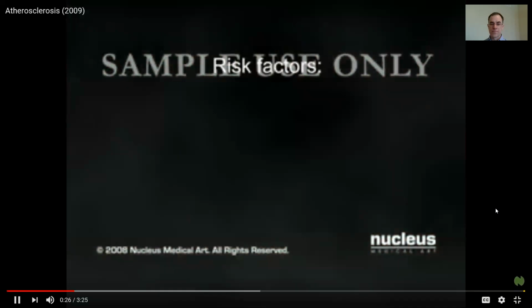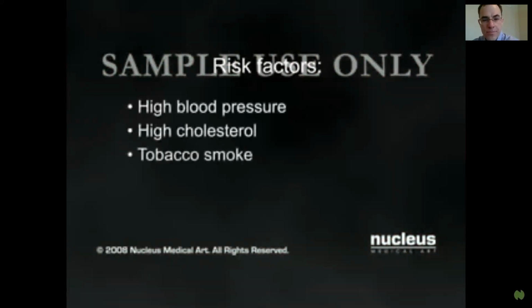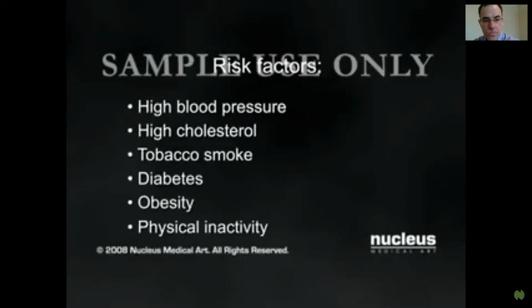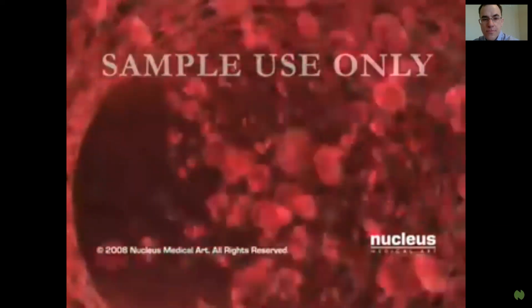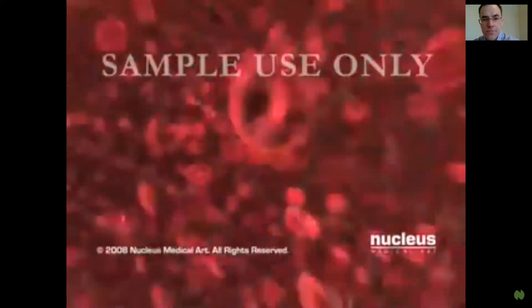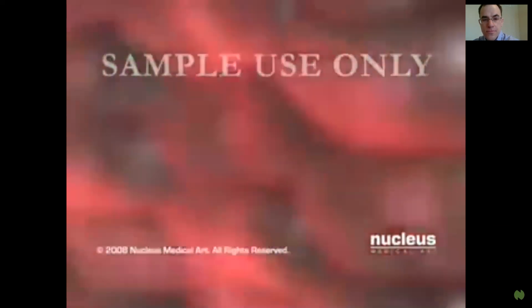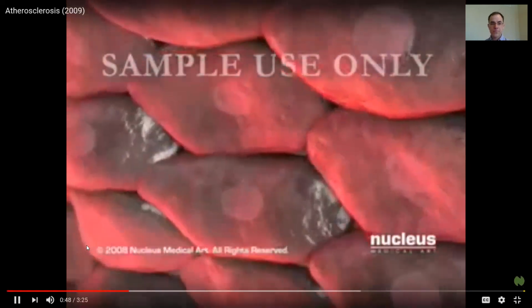Risk factors for atherosclerosis include high blood pressure, high cholesterol, tobacco smoke, diabetes, obesity, and physical inactivity. Although the exact causes of atherosclerosis are not clear, many scientists think it begins with damage to the inner wall of an artery called the endothelium.